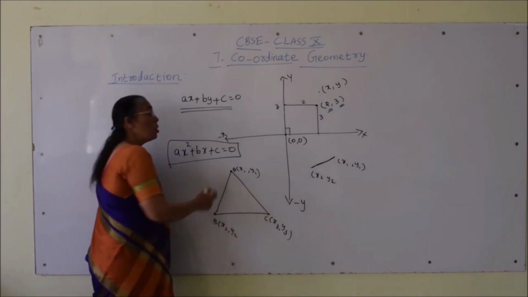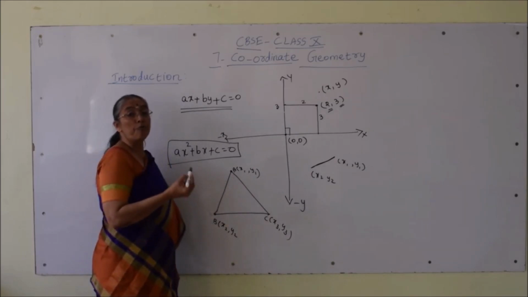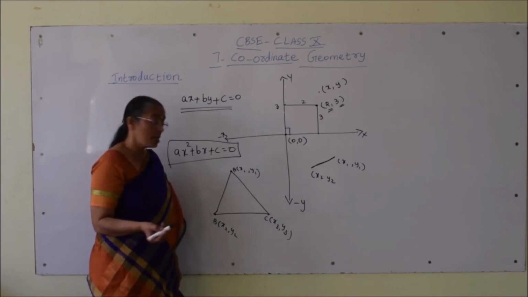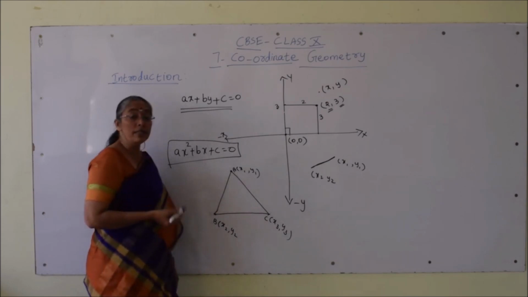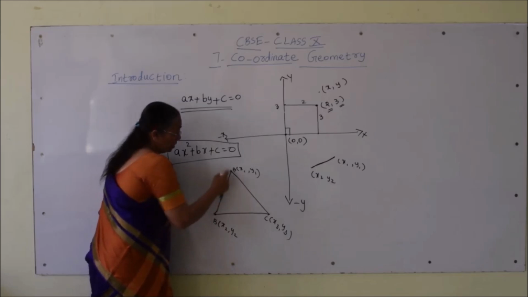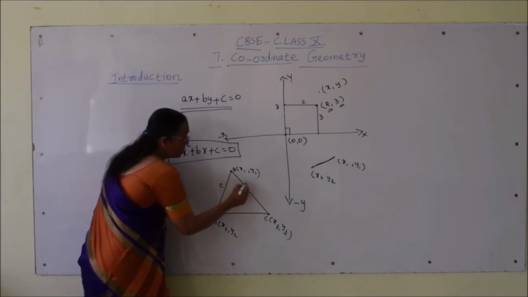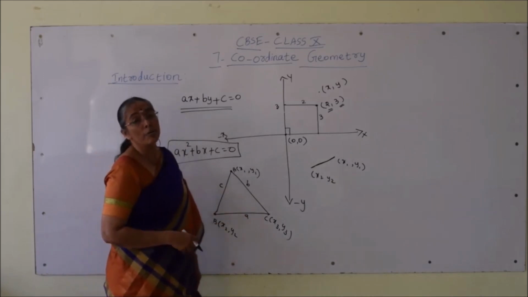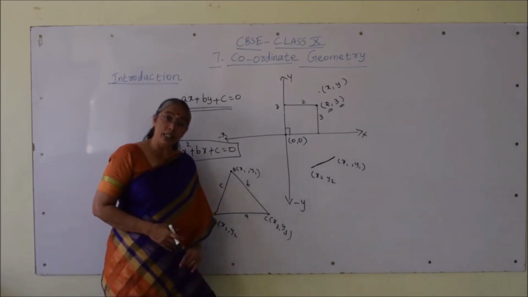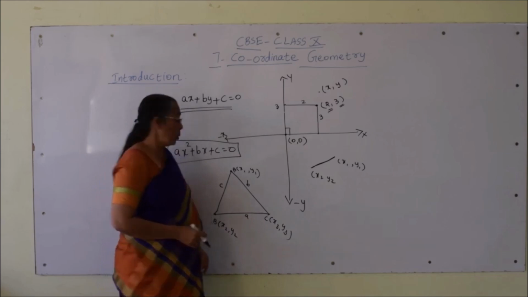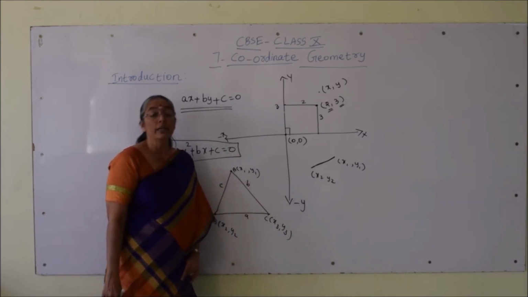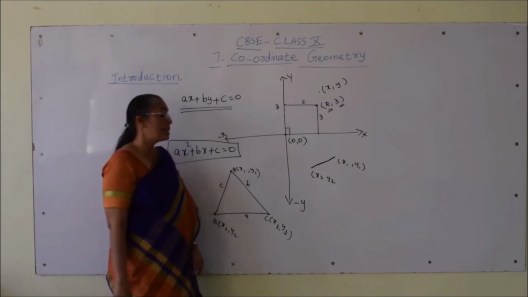So far you know the area of a triangle is, if base and height are given, half into base into height, and even in 9th class you have learnt, when the side lengths are given, small a, small b, small c, then we can find the area of the triangle using Heron's formula as root over s of s minus a of s minus b of s minus c, where s is the semi-perimeter.